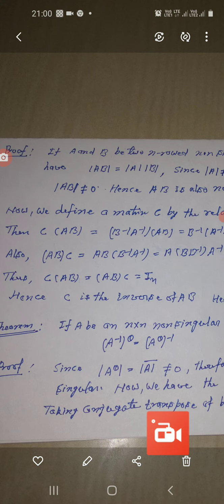Now one very simple theorem we will discuss: if A is an n cross n non-singular matrix, then (A inverse) to the power theta is equal to (A to the power theta) inverse.